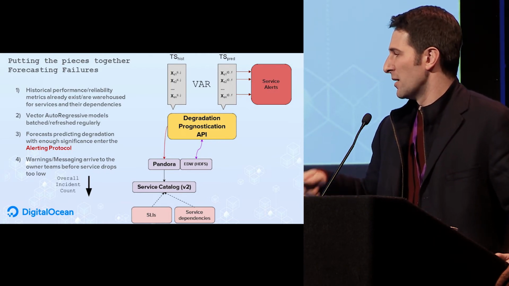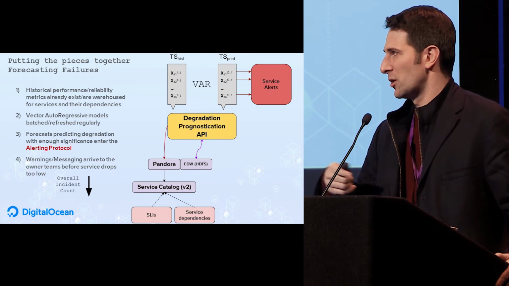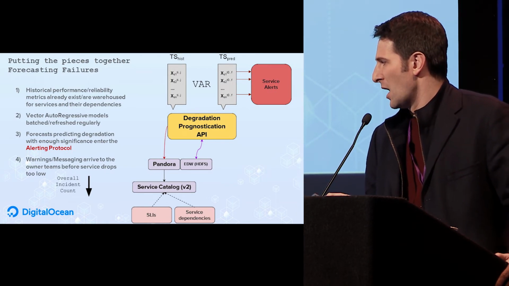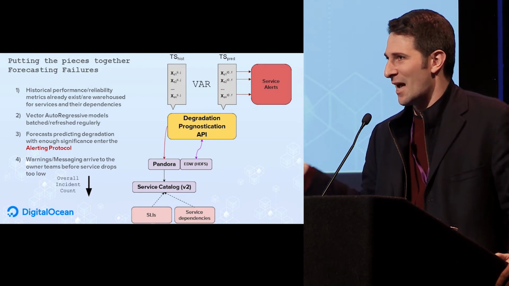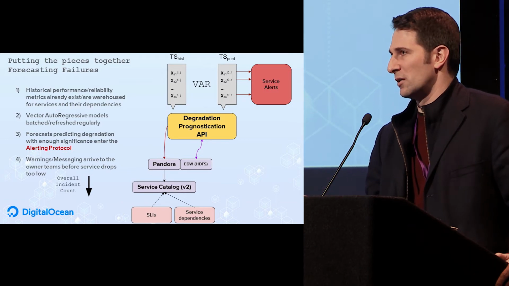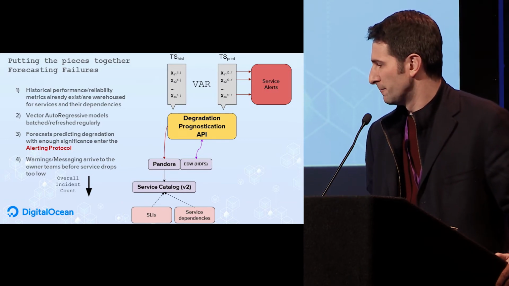And in real time, we're seeing A has a problem, so we should start alerting on B and C as well. And so it's basically VAR in the context of stats, not soccer. But in this context, it's a relatively straightforward time series forecasting mechanism.